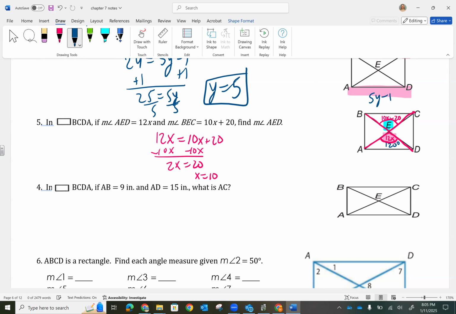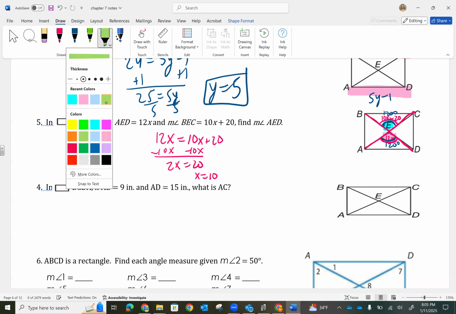And if you did the same math up here, 10 times 10 is 100 plus 20, this would also be 120 degrees up here. So this angle and this angle are both 120 degrees. Now what they want to know, and this is kind of weird, is they want to know the measure of AED. Oh, we just found it, AED. Okay.